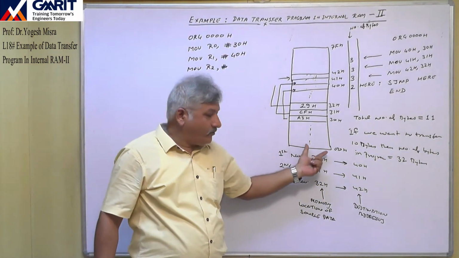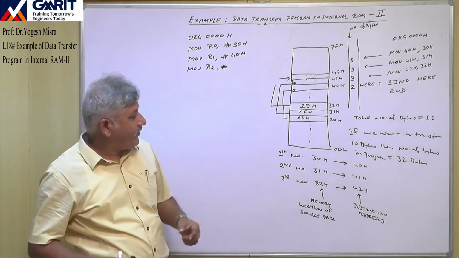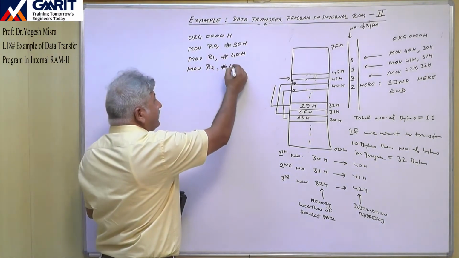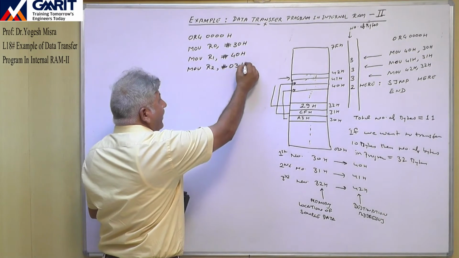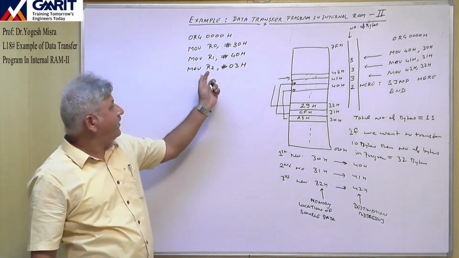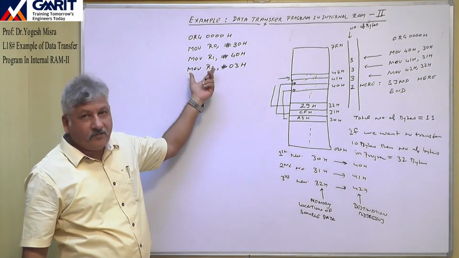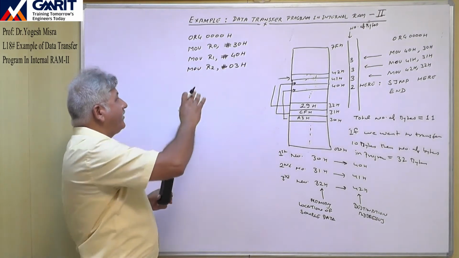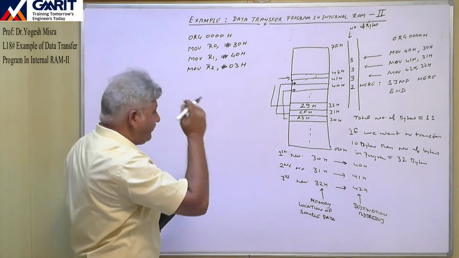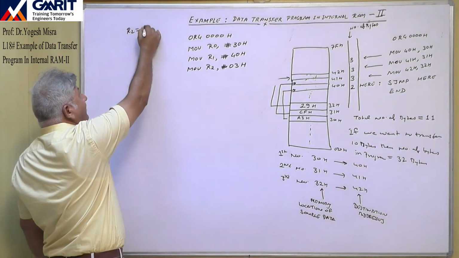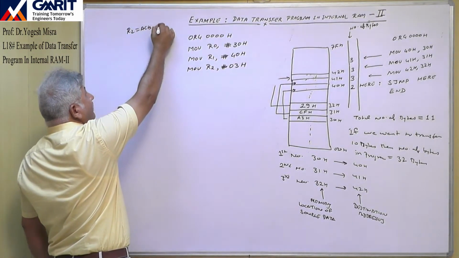Now since we want to transfer total 3 bytes, that's why we will write in R2 register 03H. If we want to transfer 5 bytes, then in this register we will write 05. So how many bytes we want to transfer, that we will write in R2 register. And basically our R2 register will act as counter.